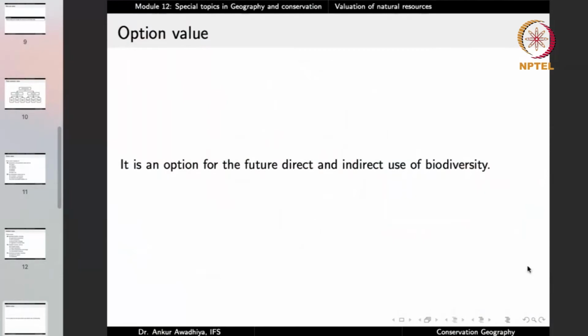So the forest, just by being in the place, is giving you this option. So this kind of a value, where you keep an option of using the forest or the natural resource at a later date, is the option value of that resource. So option value is an option for the future direct and indirect use of biodiversity or of the natural resource.